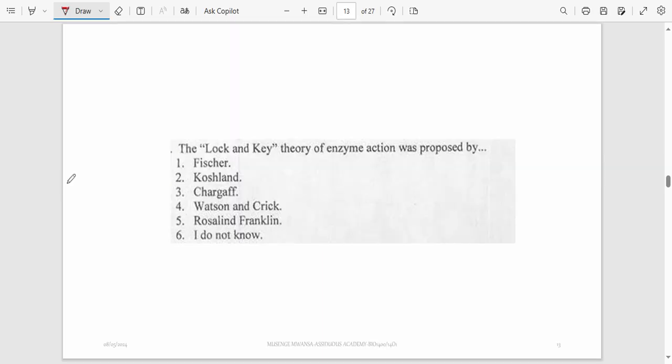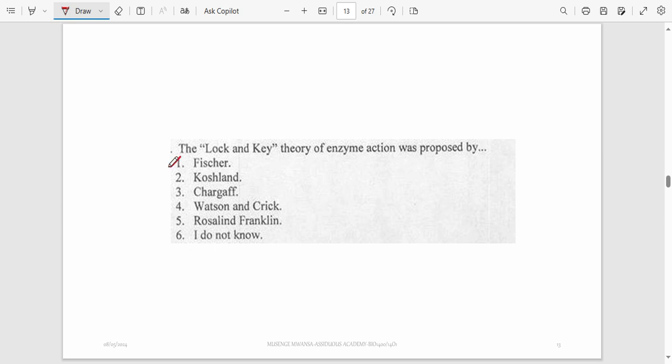Okay, let's go to this one. The lock and key theory of enzyme was proposed by Fisher, Koshland, Chargaff, Watson and Crick, Rosalind Franklin. Which one is the answer? Okay, by Fisher.